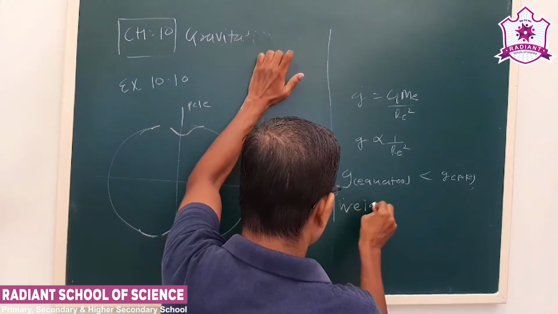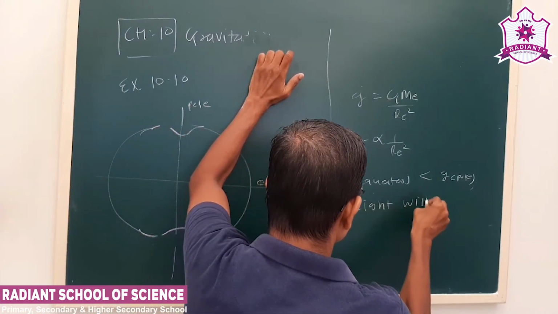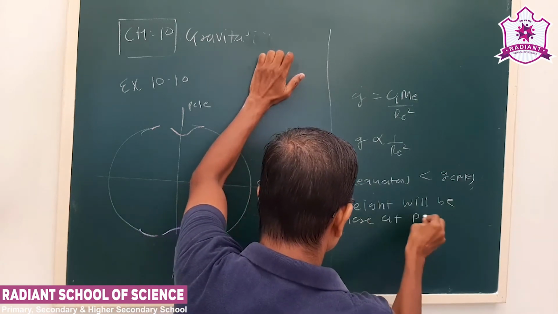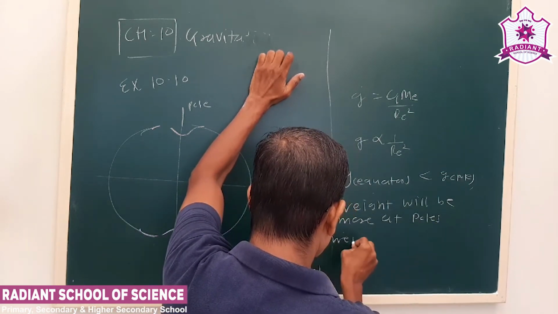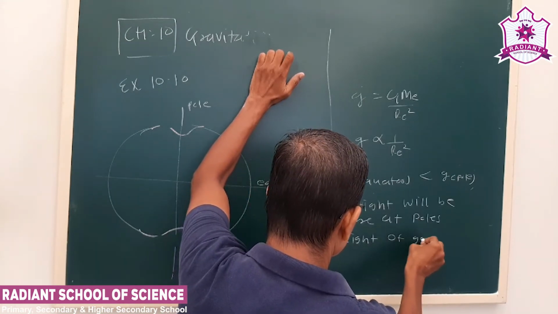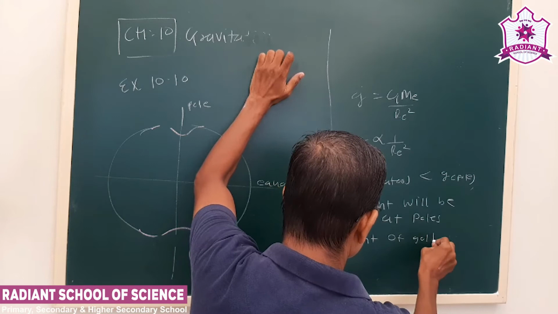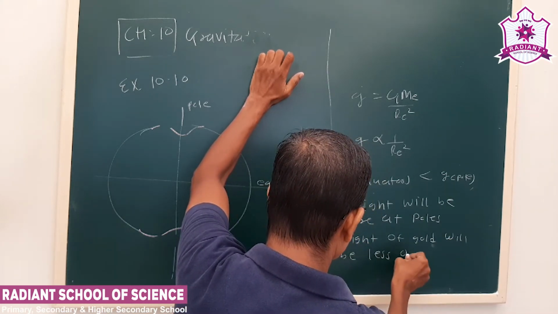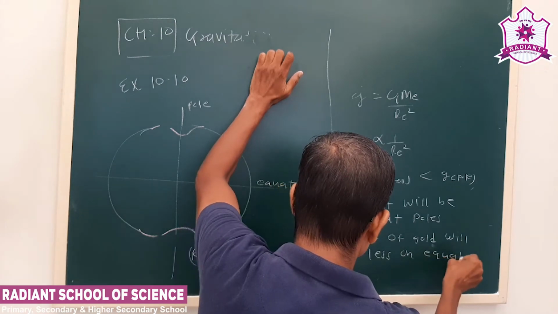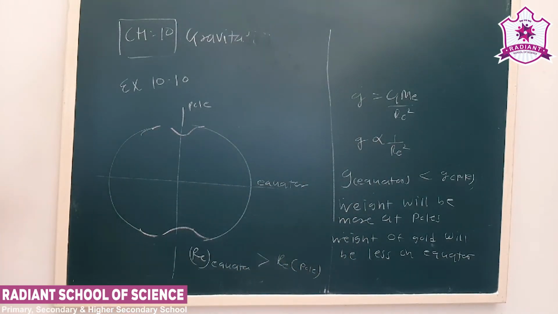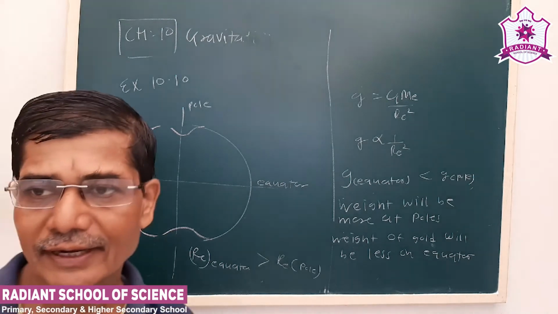So weight will be more at the poles. Weight of gold less on the equator. So as per the question, it will not show the same weight, so the friend will not agree.